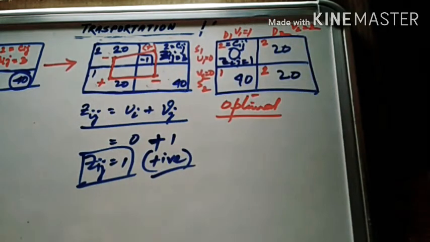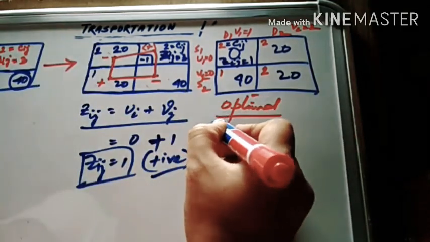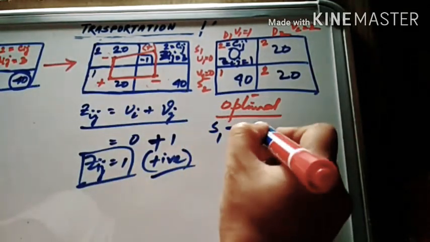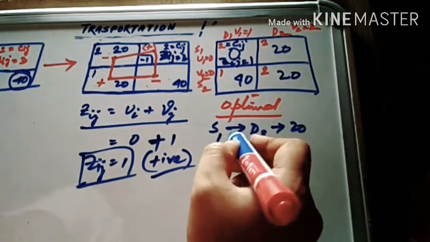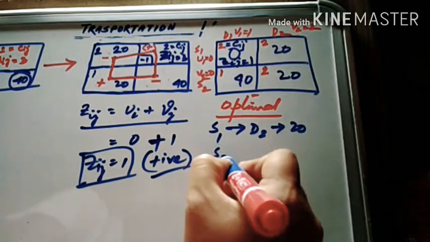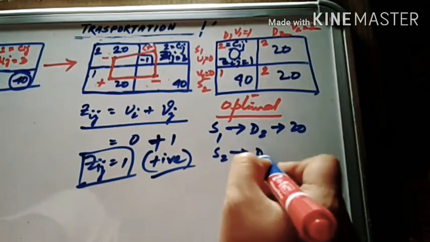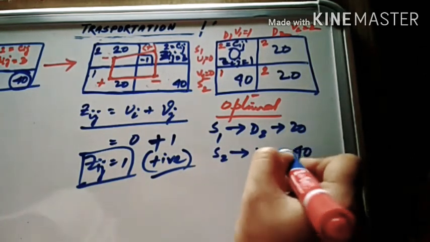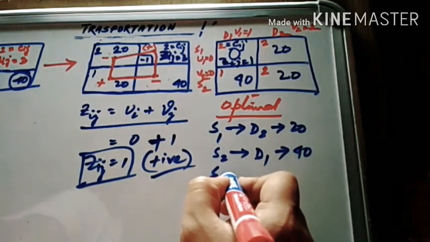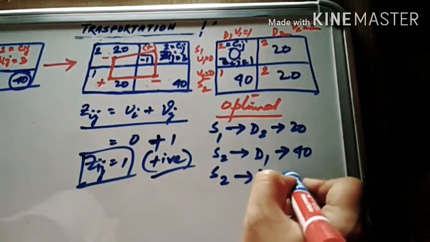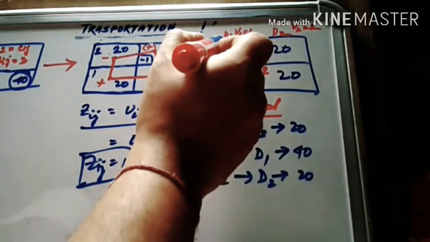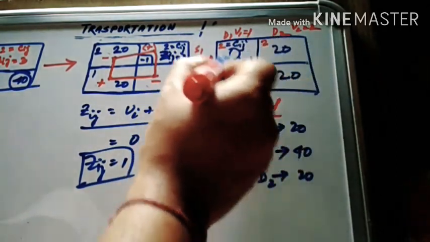In order to calculate that, let us write the values over here. S1 to D2 is 20 units, S2 to D1 is 40 units, and S2 to D2 is 20. Why are we not taking this one? Because these are the allocated cells, not this one.